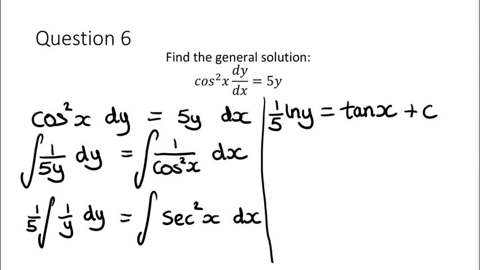Okay, so again, this question hasn't actually told me to go any further here, but I am going to start to simplify this, and I'm going to write this as y as a function of x, because often we might be asked to do that. So to do that, I'm going to start by multiplying both sides by 5.